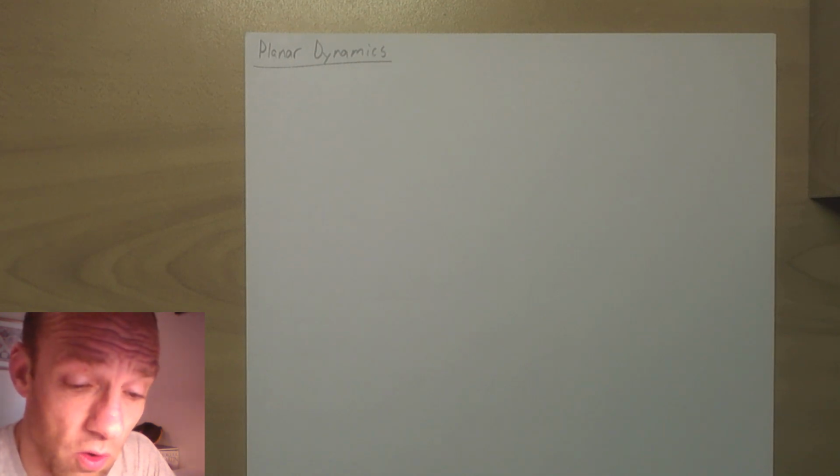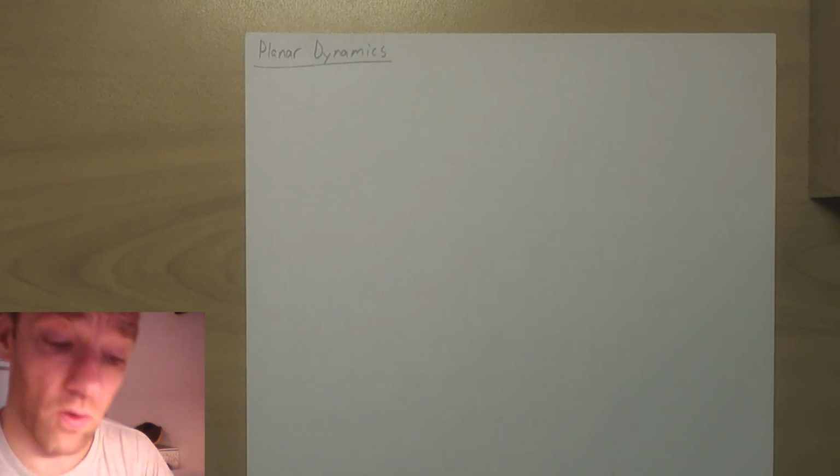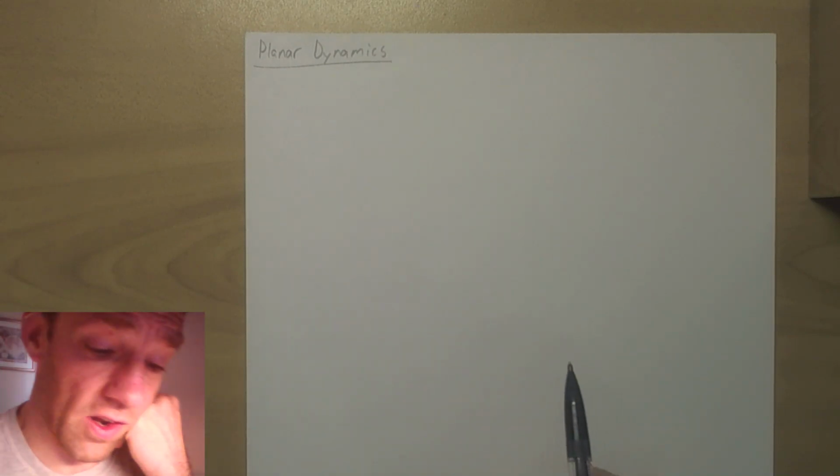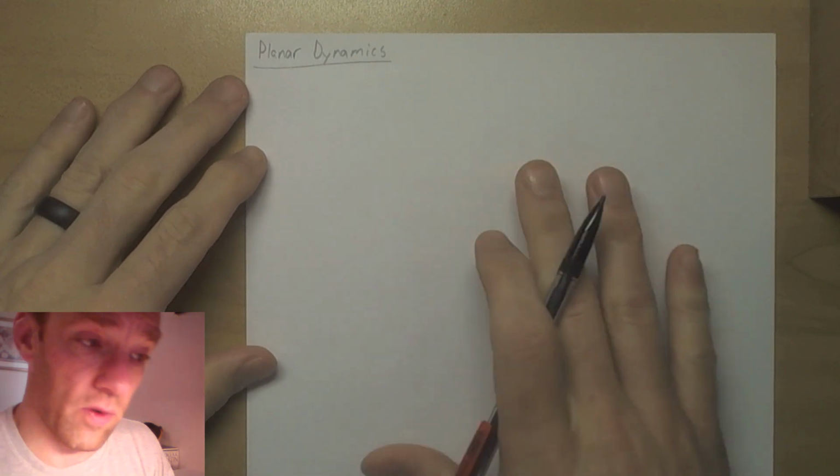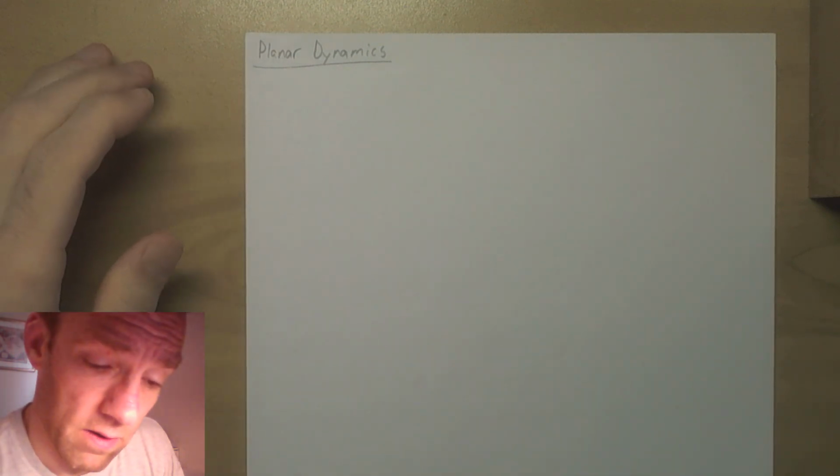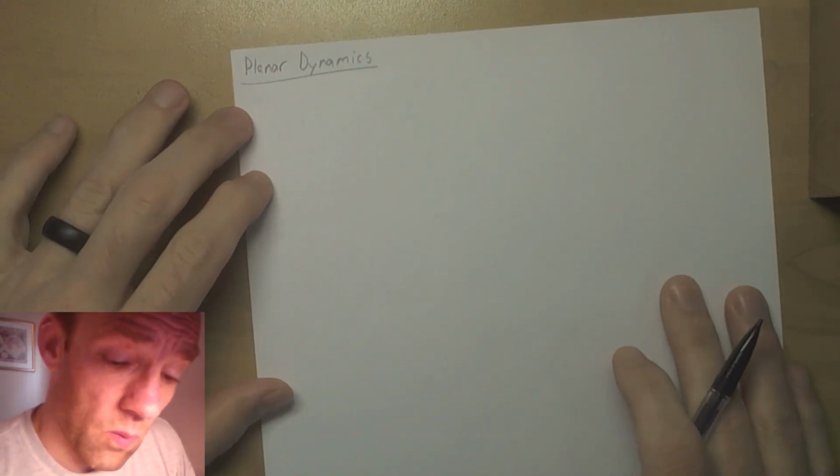So the majority of the problems we're going to solve now are going to involve a simplification that all of the motion is going to take place in the plane. Now, what does that mean?